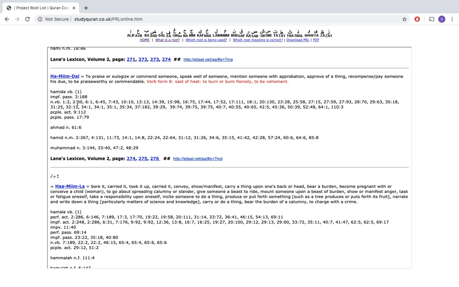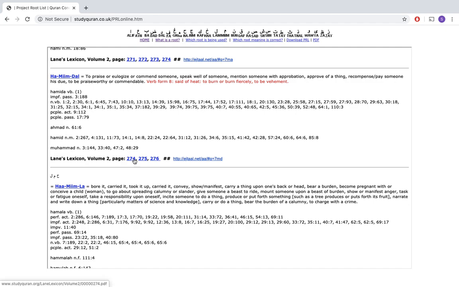This also gives you the various verses where this root occurs, and you can look this up at your own leisure. He's also given you Lane's lexicon. This is Edward Lane, an authoritative dictionary on the Arabic language.